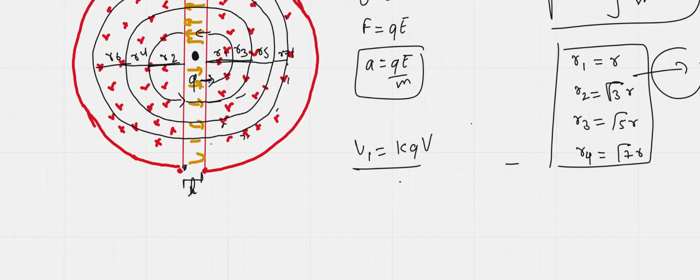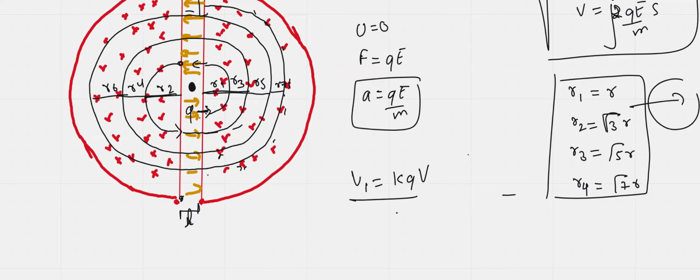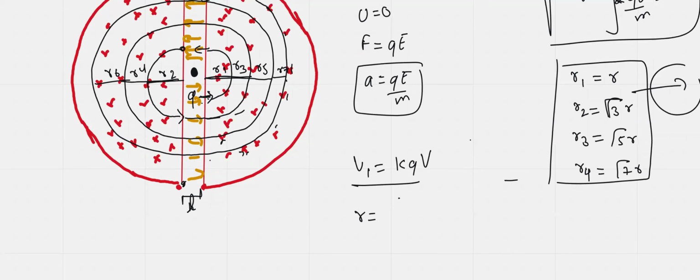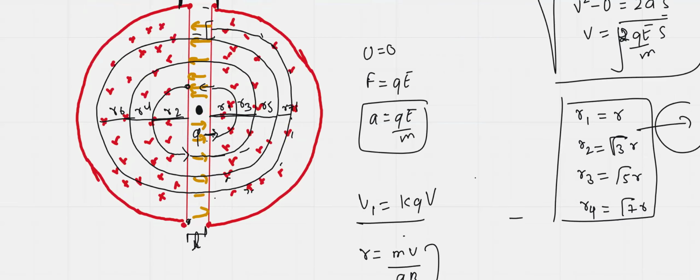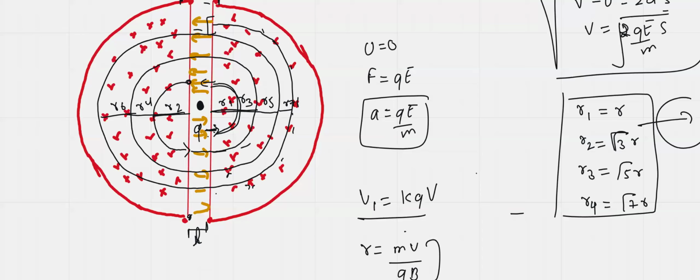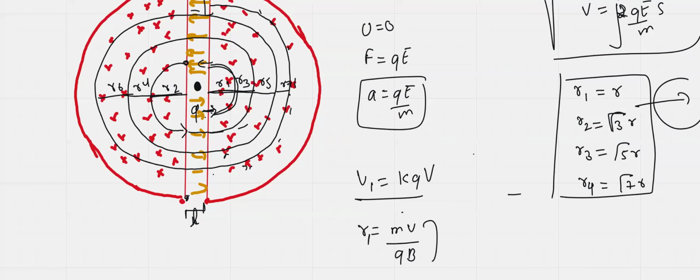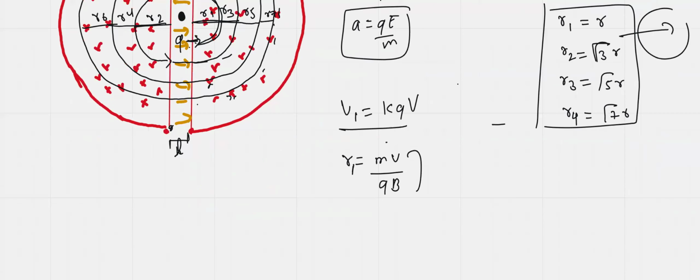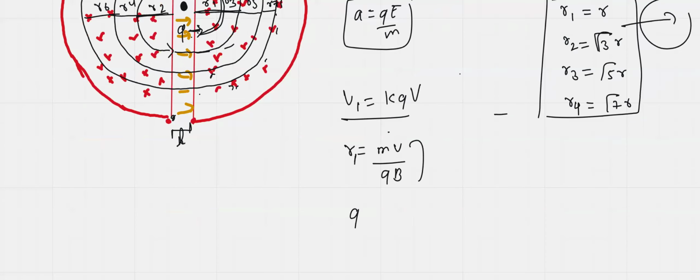Now this particle is here. It started a new journey. What is the radius you are going to get? m v divided by q. Then it completed one circle, and that radius is R1. It got another energy. What is the new energy? Potential energy qV, again the same.